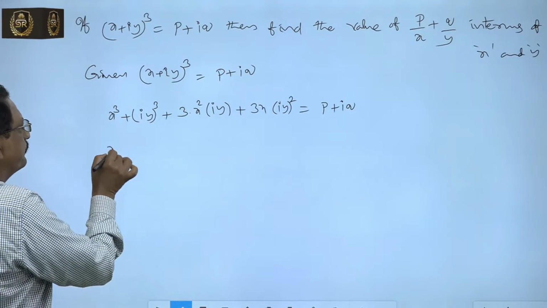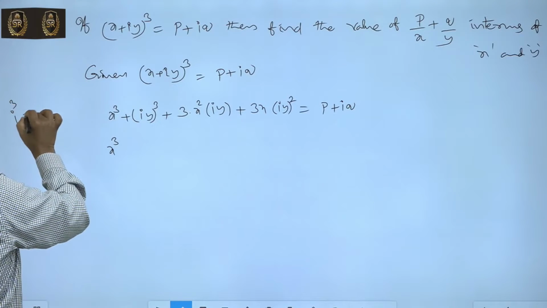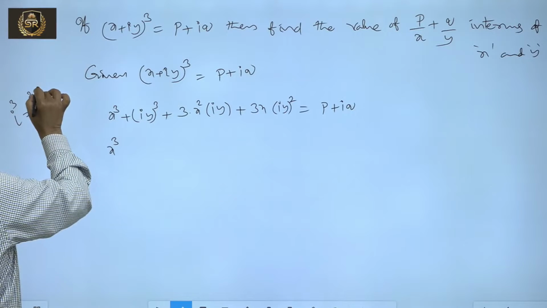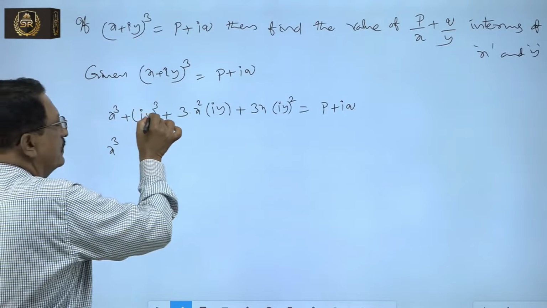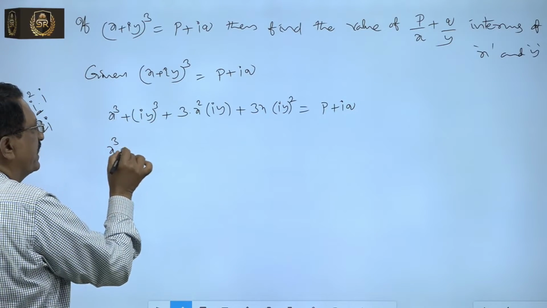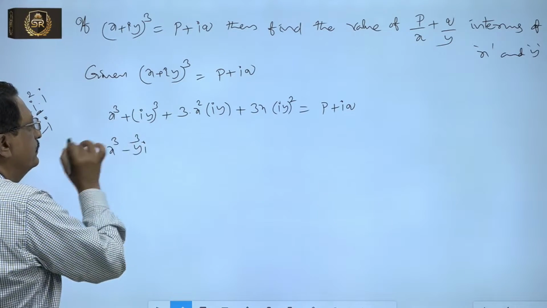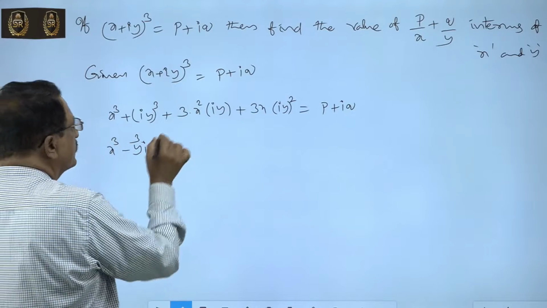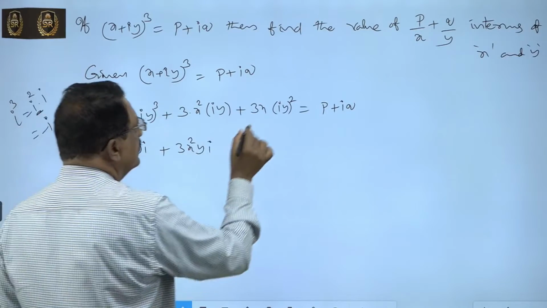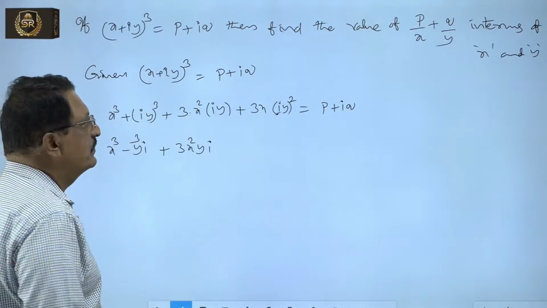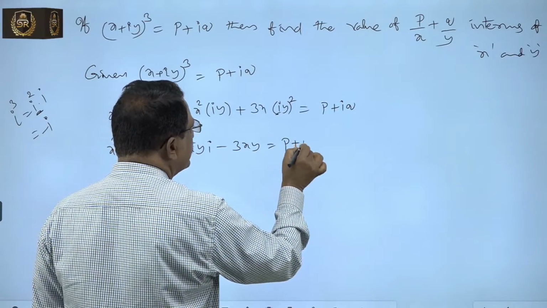Now i cube equals i square into i, but i square equals minus 1, that equals minus i. Therefore i cube y cube equals minus yi. Next, plus 3x square yi. Here i square equals minus 1, that equals minus 3xy, that equals p plus iq.